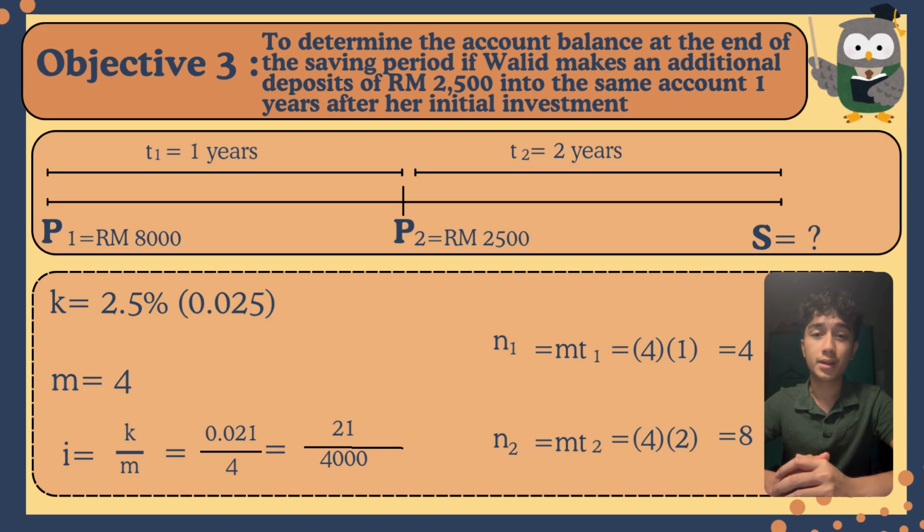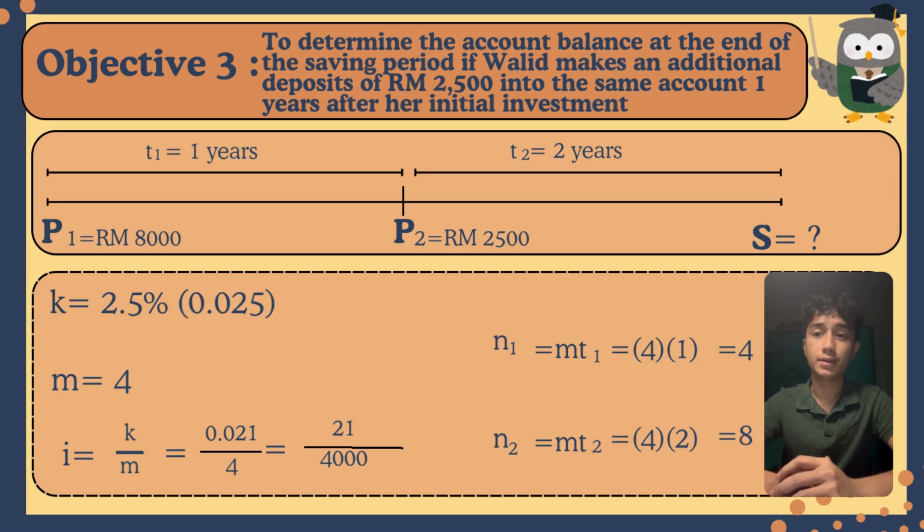For the K, which is 2.5%, we need to change it to decimal first, which is 0.025, and M equals 4. For the i, we need to use the formula i equals K over M. So let's insert it. We will get 0.021 over 4, which equals 21 over 4,000.